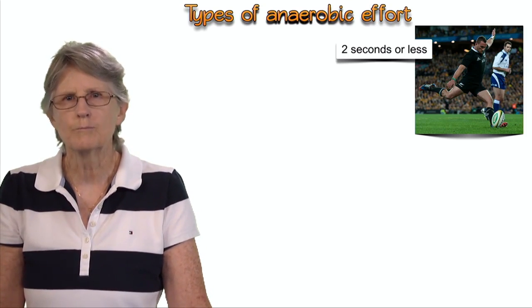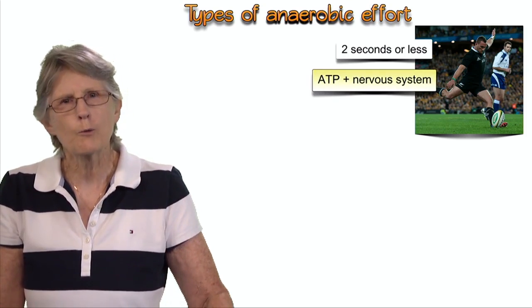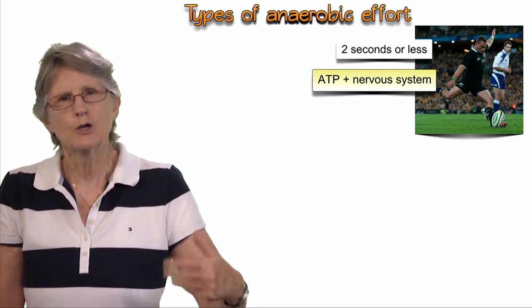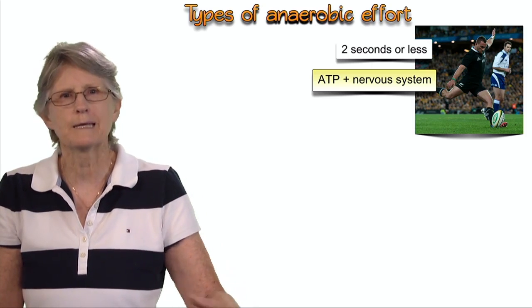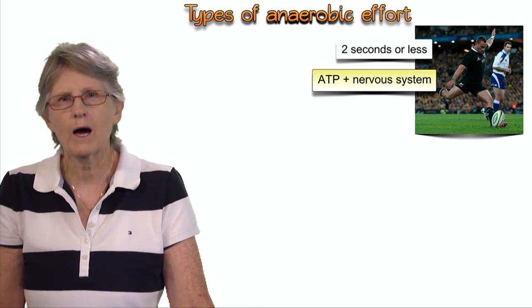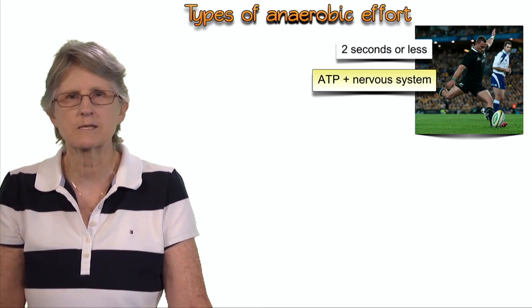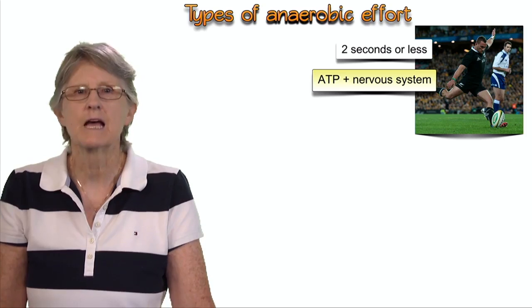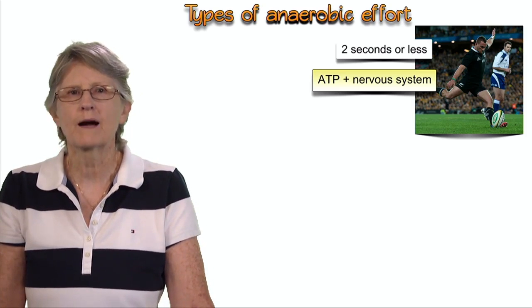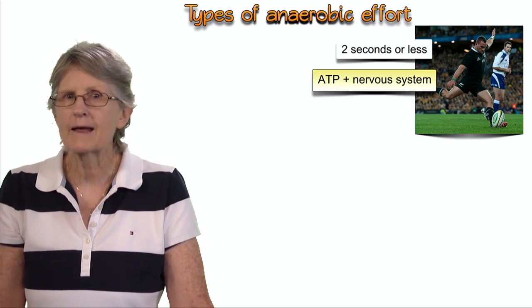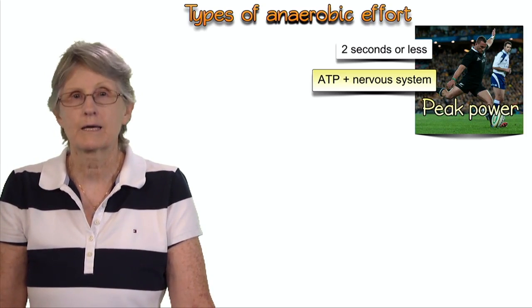These short bursts of explosive power reflect the athlete's ability to use stored ATP in conjunction with a highly effective neuromuscular system. Testing an athlete's explosive power provides insight into an athlete's peak power capabilities.